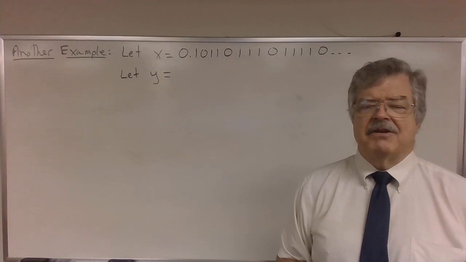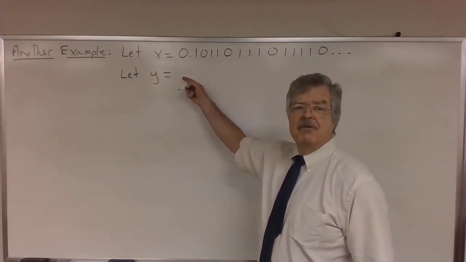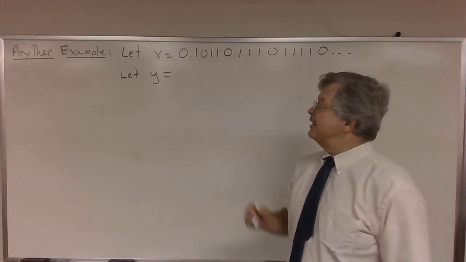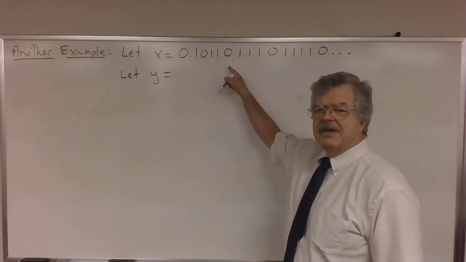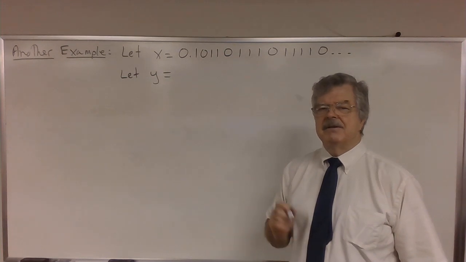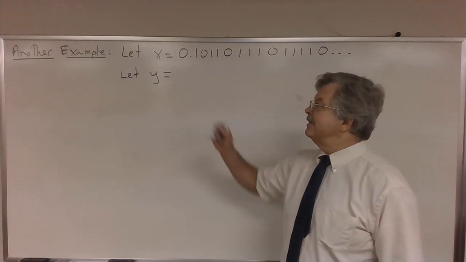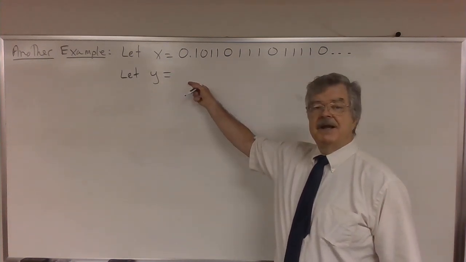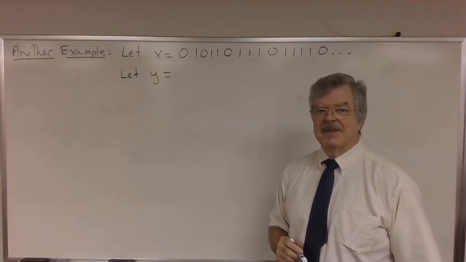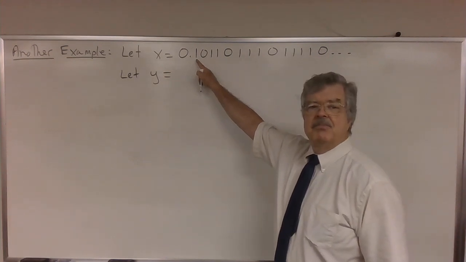Now, how could I define a non-terminating, non-repeating representation for y that would be such that when I add these two things together, I get a non-terminating, repeating decimal? Can you think of how I would have to define y? If you're guessing, well, every place up here that we see a 1, put a 0.